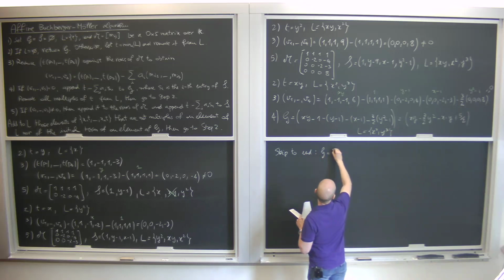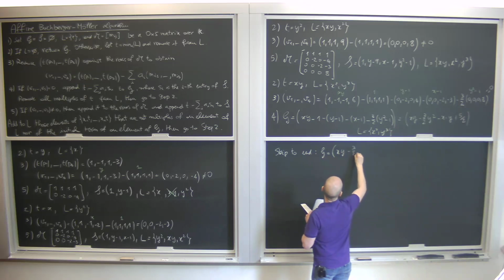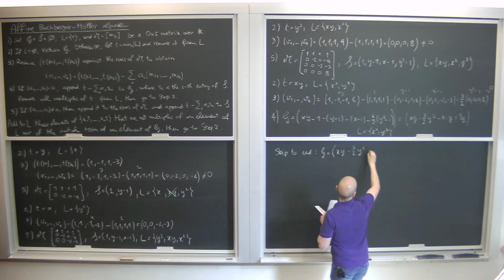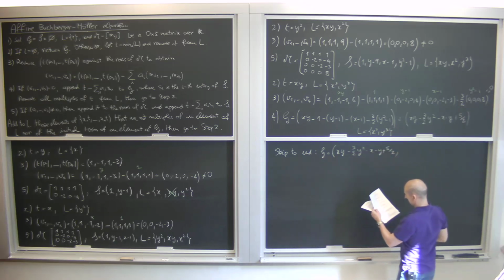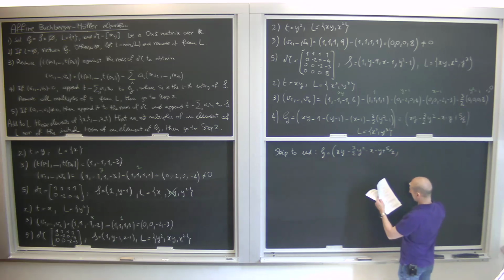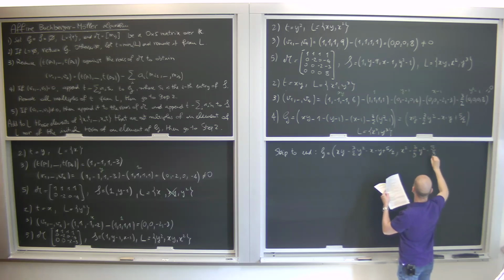G has that thing: xy minus 3 over 2 y squared minus x minus y plus 5 over 2. There's another quadratic, x squared minus 3 over 8 y squared minus 5 over 8.